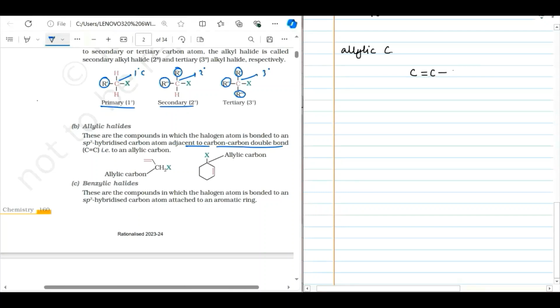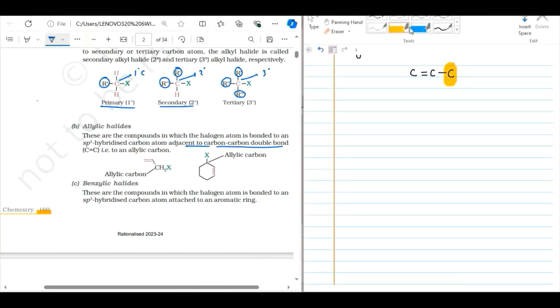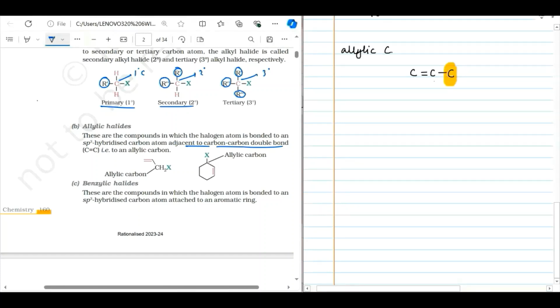So this is the carbon. Here this carbon is present next to carbon-carbon double bond as it is said here, sp3 hybridized carbon adjacent to the carbon-carbon double bond. So here this carbon is adjacent to the carbon-carbon double bond and this carbon is called as allylic carbon.